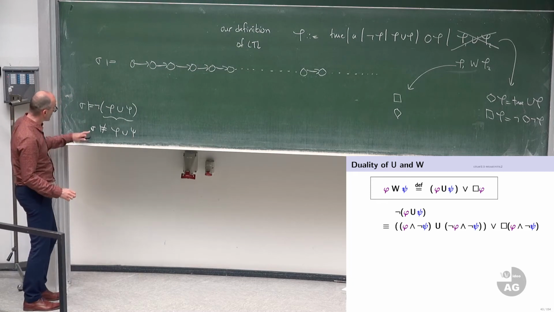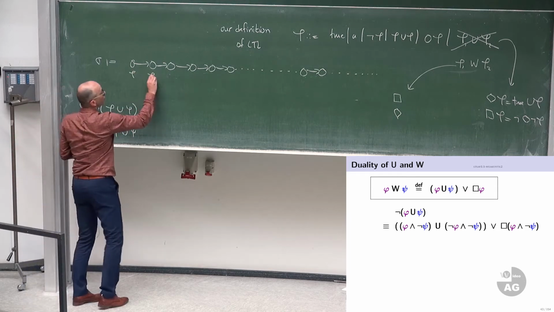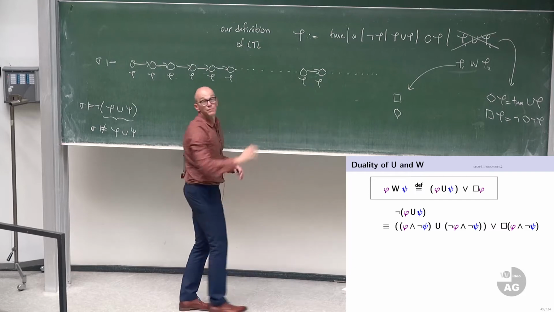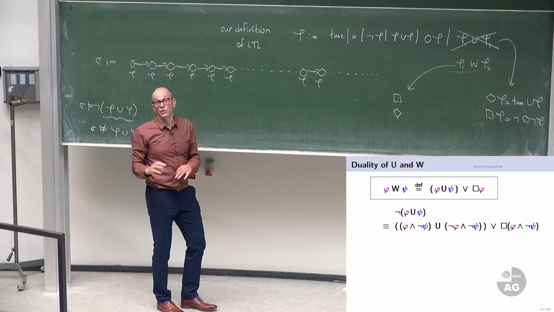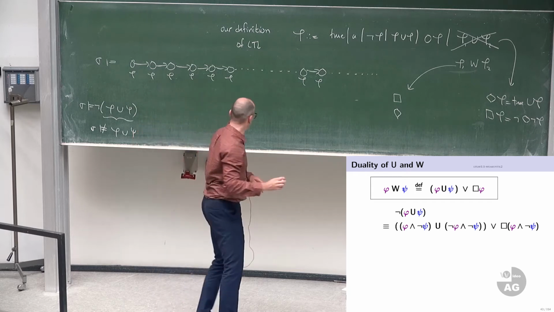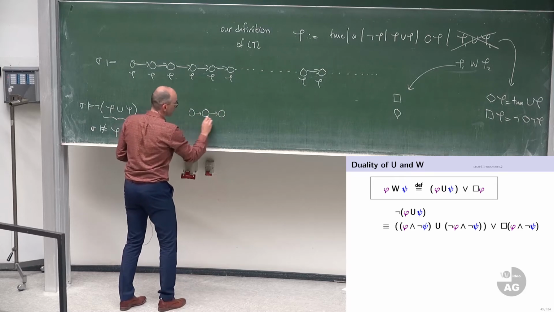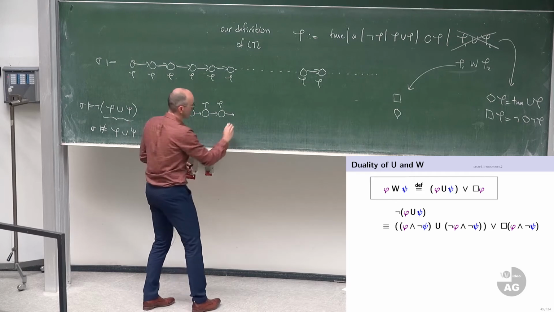Well, one possibility is that sigma will never establish this psi. So that means phi holds here, phi holds there, it holds at every state, but you never see a psi. Then we violate phi until psi. Good. Another possibility is that somewhere you have a prefix where you have phi's, and then I would call it a gap.